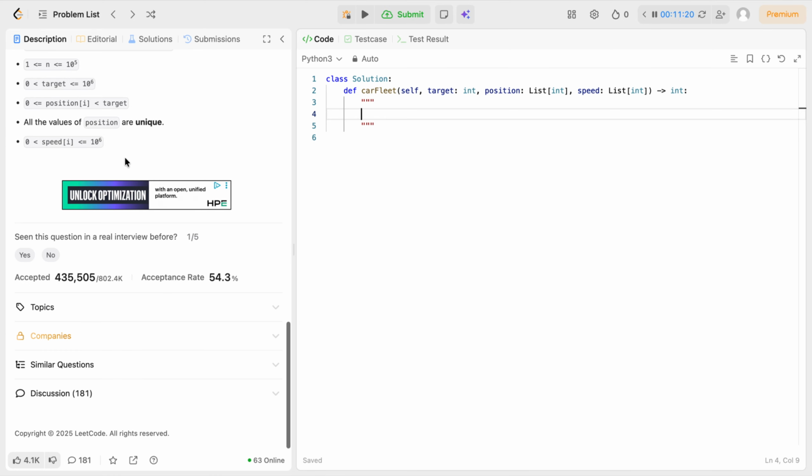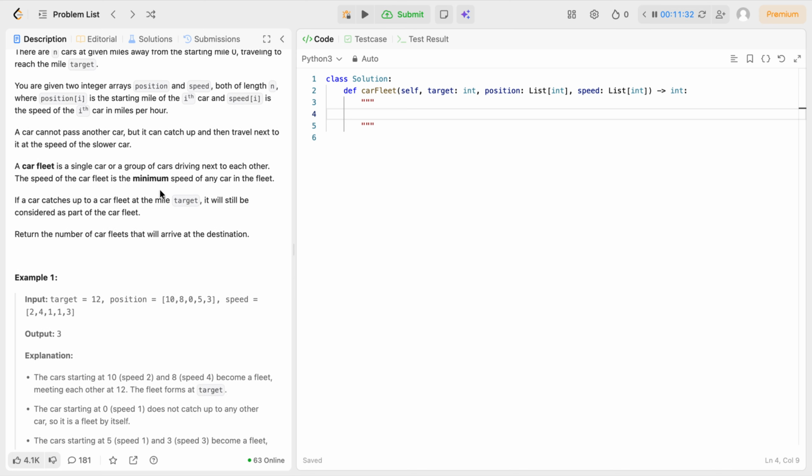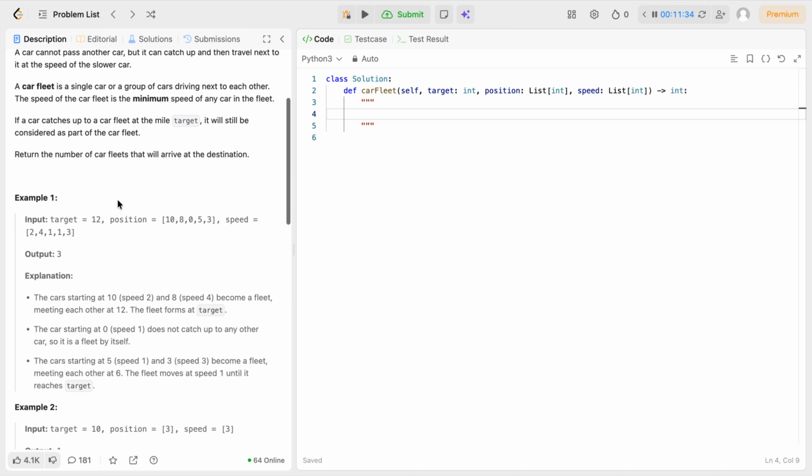But how would I actually solve this? Just looking at this question as a human, not even thinking about coding, I see the target is 12, right? I see these are the positions. I would probably draw a graph of some kind.